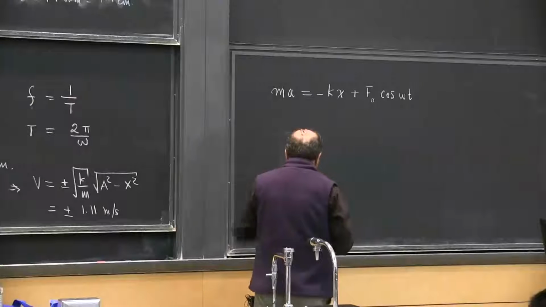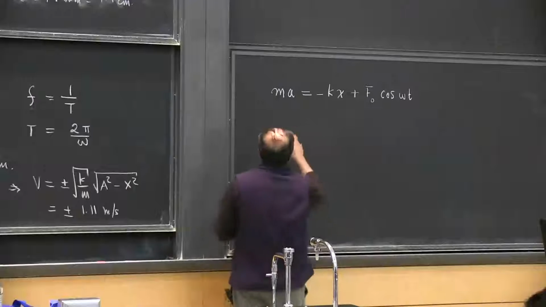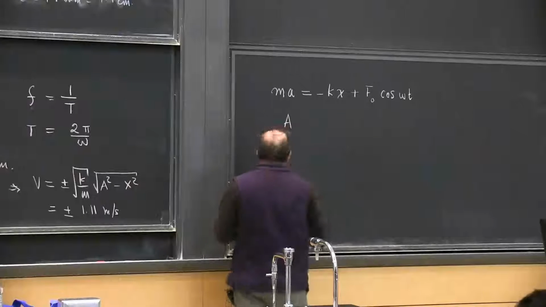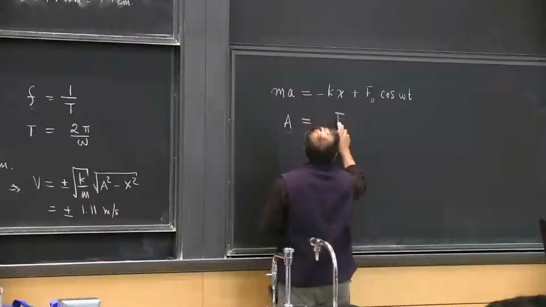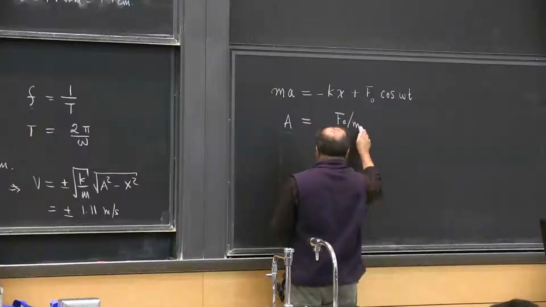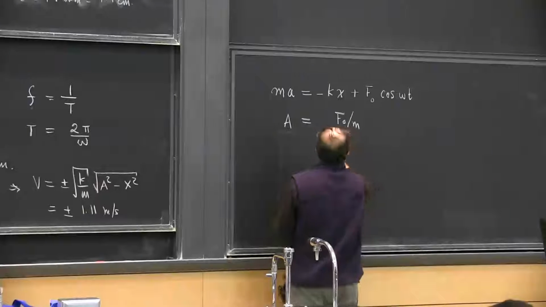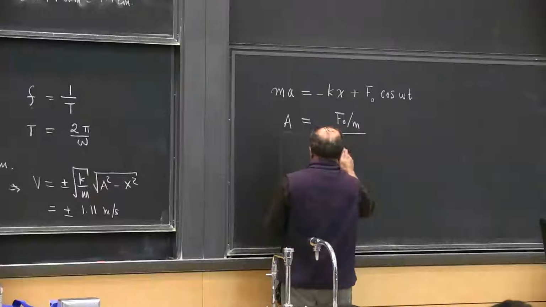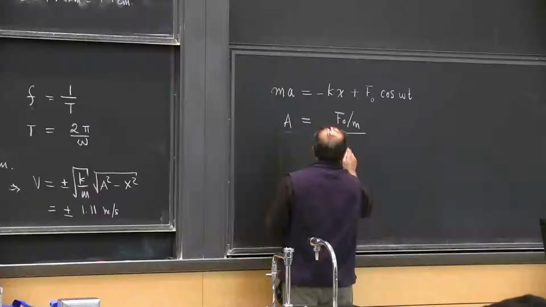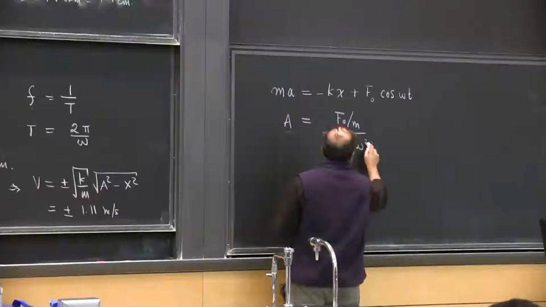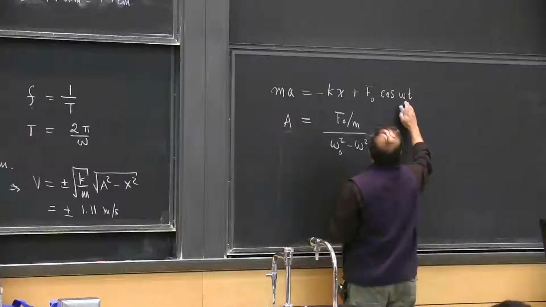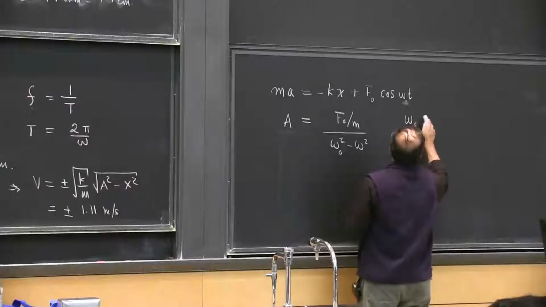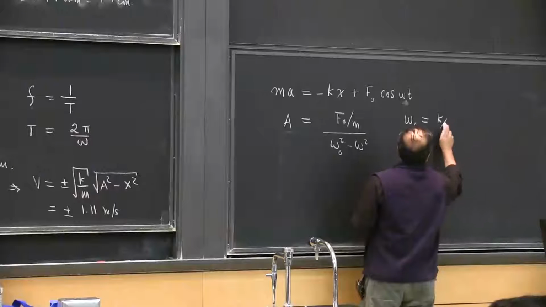Typically, this is done in a variety of ways, but the long and short of it is that the amplitude of the oscillations can actually go crazy. The way it works is that the amplitude of the oscillation under driving, with driving force f0, goes like f0 over omega 0 squared minus omega squared, where I call omega the driving frequency in general, and omega 0 the square root of k over m.